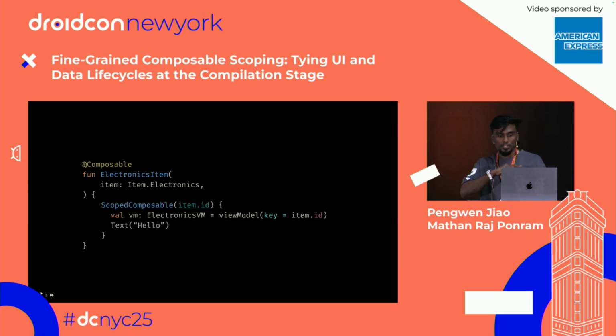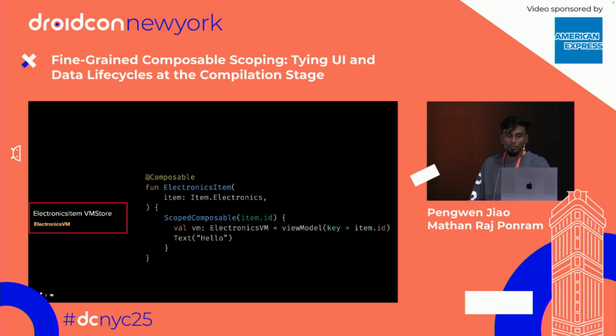We will simply wrap the function body with the scope composable, and now the electronics item composable's function body became a scope. Whatever we discussed so far is applicable for the function body now, right? Now, when this view model call happens, it's going to get stored in this scope's view model store and not in a parent anywhere else, right?